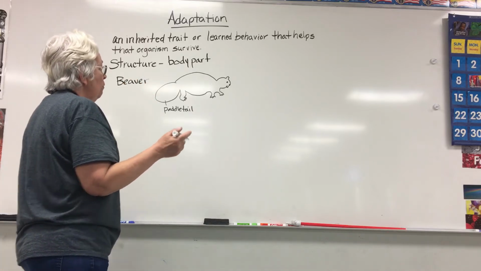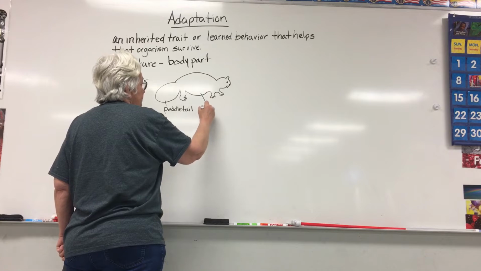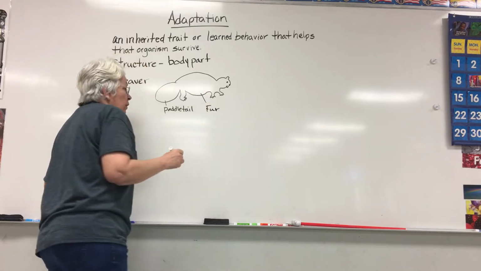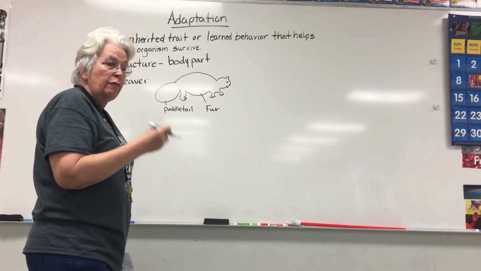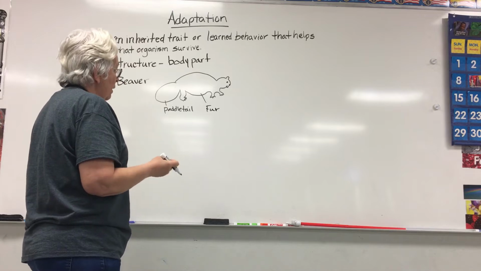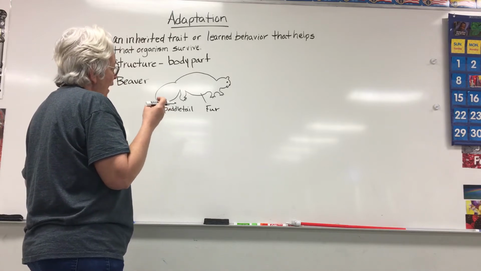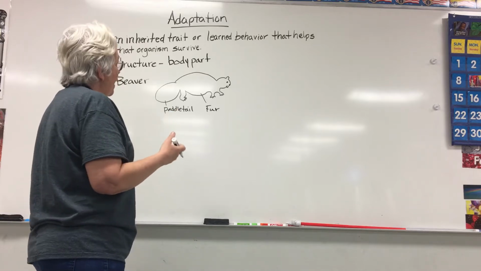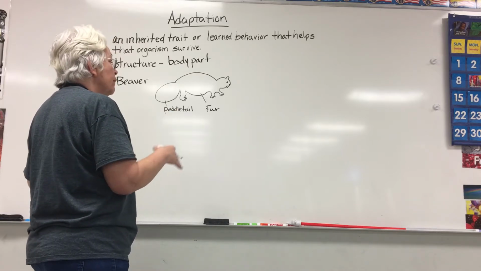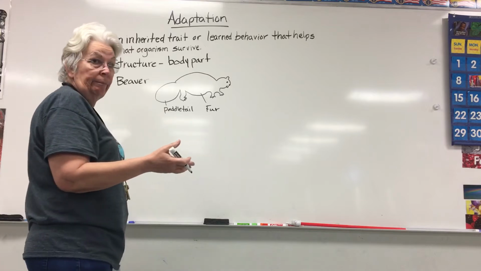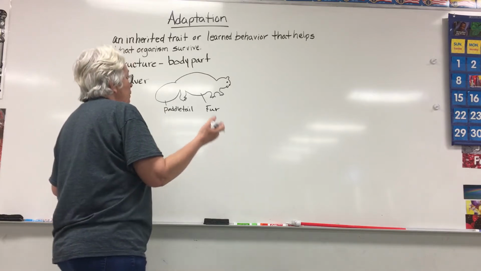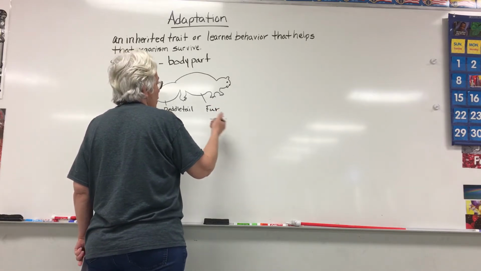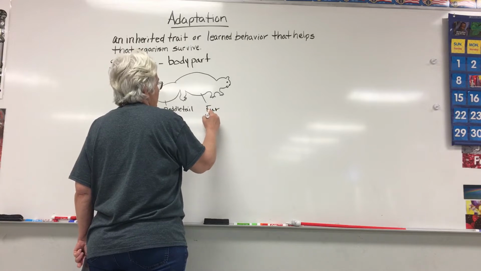Okay, the second one would be his fur. I don't know if you've ever seen a beaver. His fur is very, very thick, meaning there are lots of hairs per square inch. And it also has an oil base to it. So what do you think that fur is helping him do? Yeah, it's helping him to keep warm or dry.